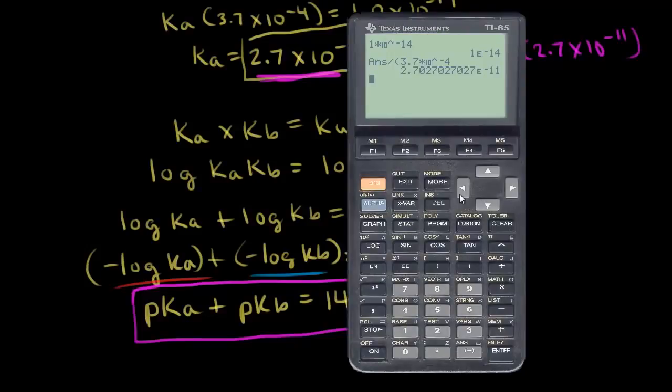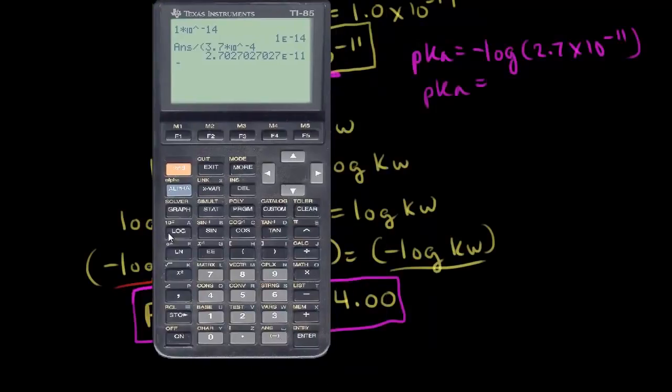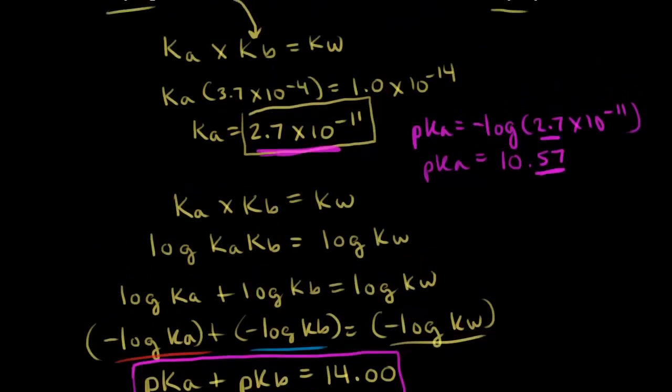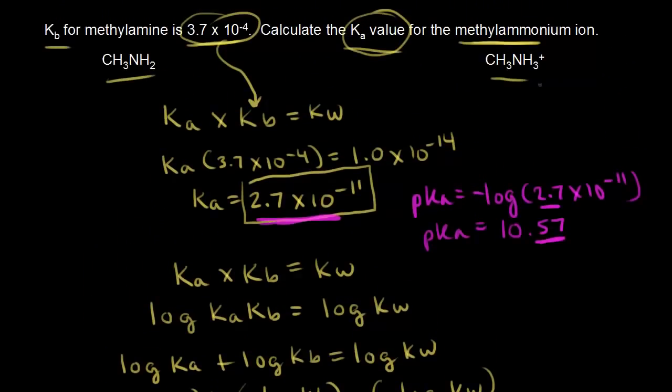So the negative log of 2.7 times 10 to the negative 11 gives us 10.57, right? We have to round that. 10.57. These are our two significant figures because we have two significant figures here. Let's go back up to our problem here. So that's the pKa for the methyl ammonium ion.